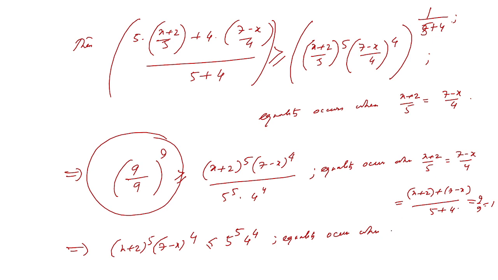Then x plus 2 equals 5, so x equals 3, and 7 minus x equals 4.